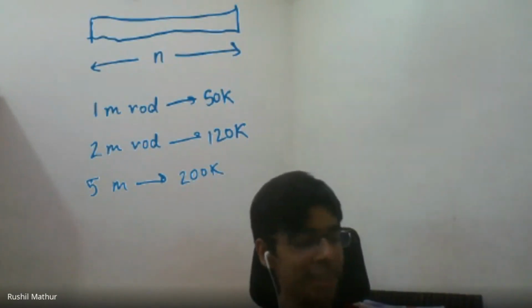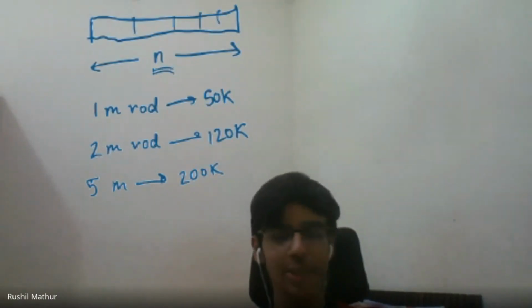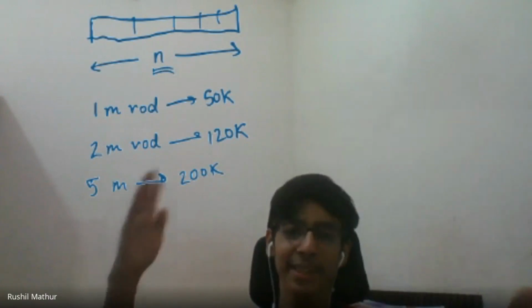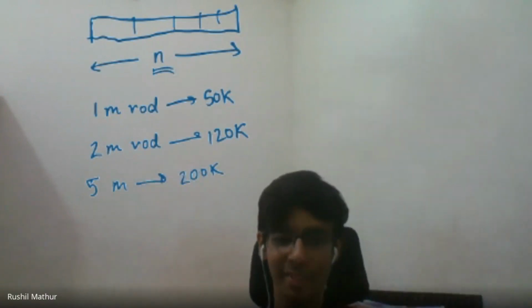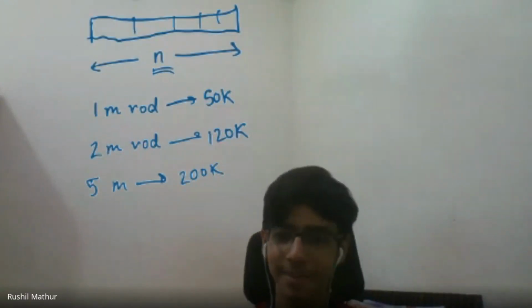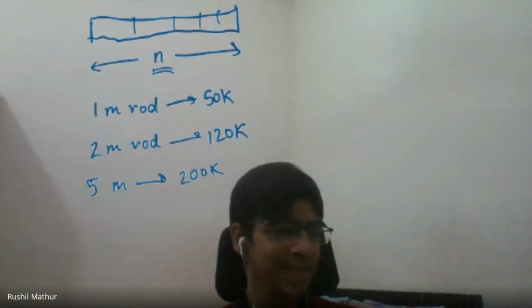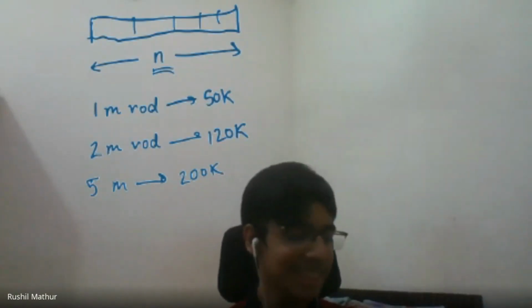Basically what you want is you have a rod of length n, you want to cut this in parts so that you can maximize the total value that you're earning. It's not necessary to cut, right?